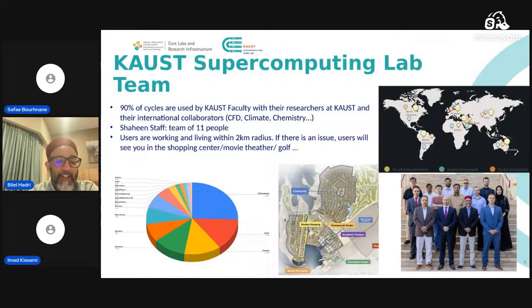Sometimes when we have an issue, we may meet users at the shopping center, the movie theater, or the golf course. So we have to ensure that we provide the service at a high level, and most of our users are very close to us.